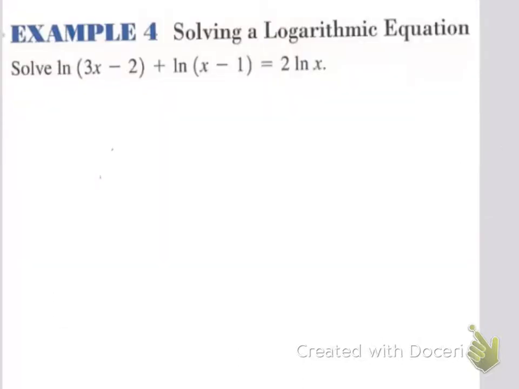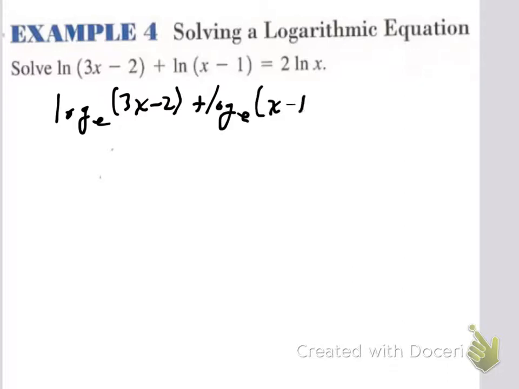Alright, last example here. We want to solve this big logarithmic equation. What we're going to do first is rewrite the natural log as log base e. So log base e of 3x minus 2 plus log base e of x minus 1 equaling 2 times log base e of x.